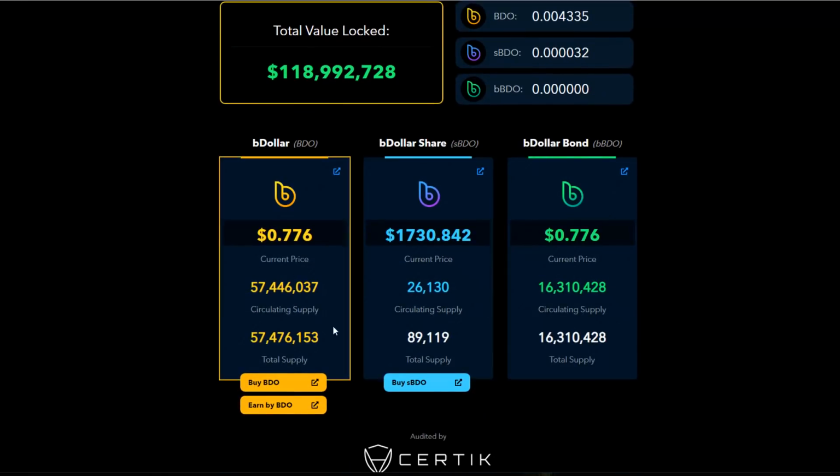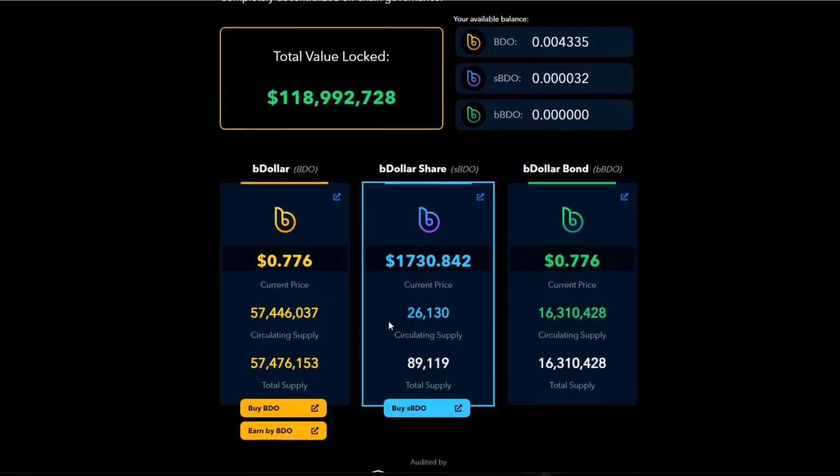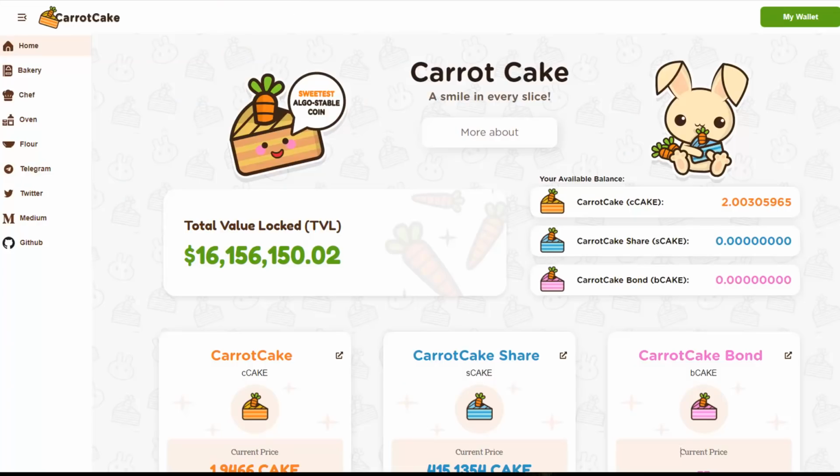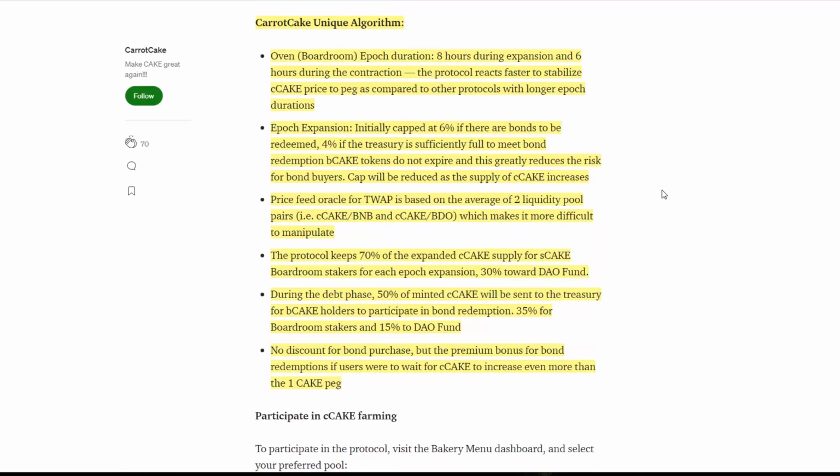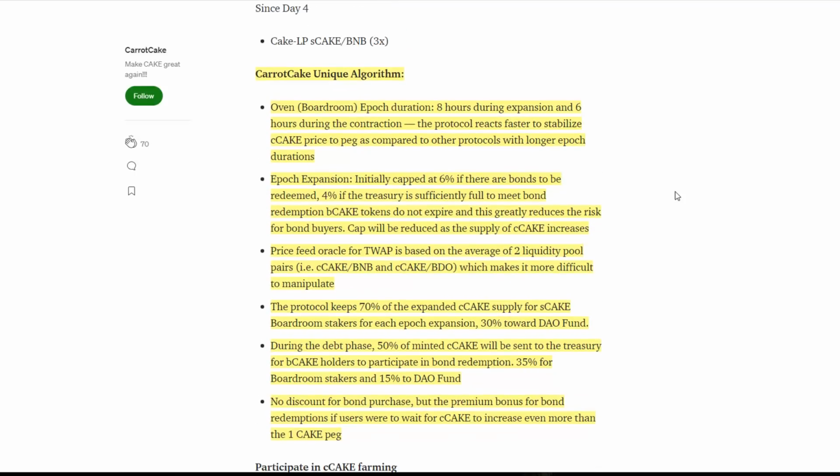This is probably one of my favorites with yield farming at the moment. So they're trying to take the best of bDollar and make it better, essentially. So this is the CarrotCake unique algorithm. This is what makes this more unique. Over the boardroom, the epoch duration is 8 hours during expansion and 6 hours during contraction.